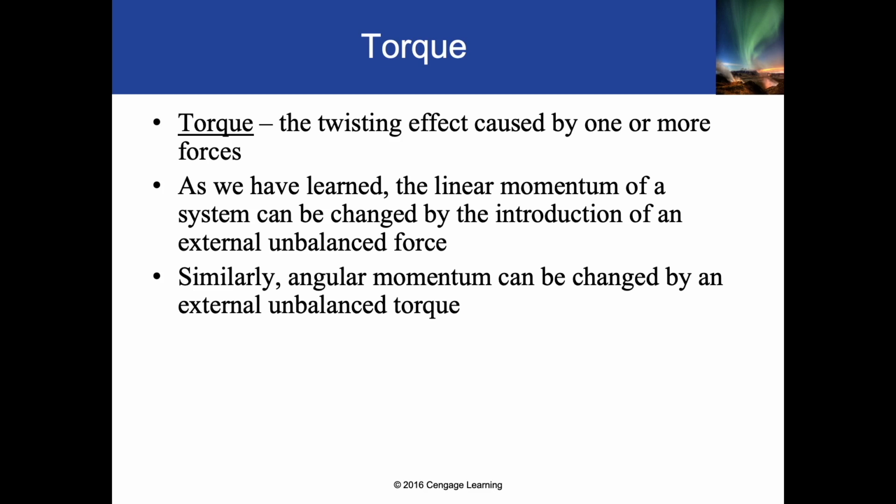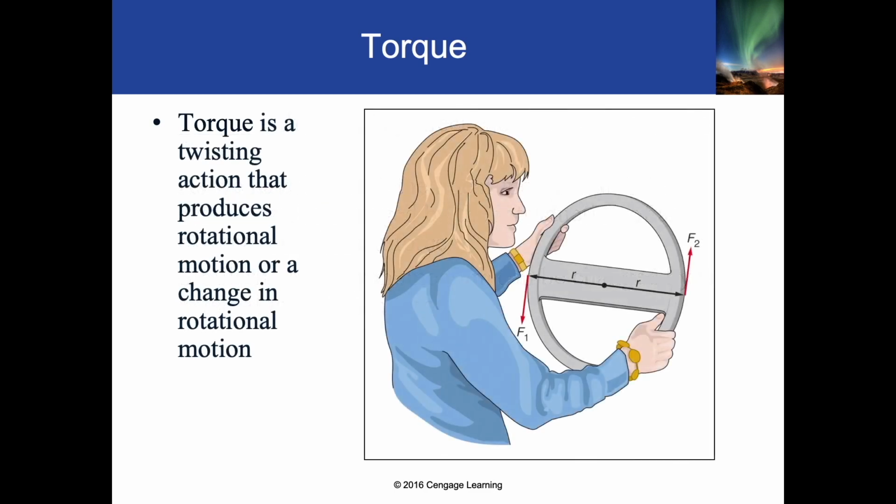So what is the most common thing that people experience when they're talking about torque? It is the steering wheel. Torque is a twisting action that produces or changes rotational motion. And notice here we've got F1, F2.